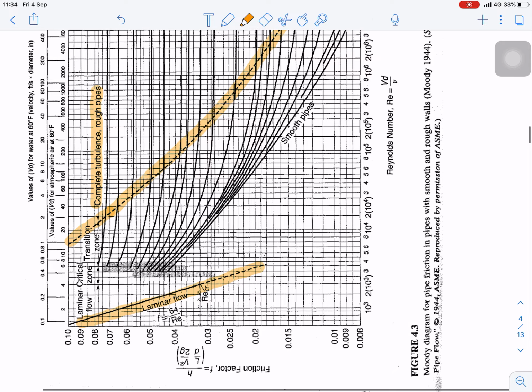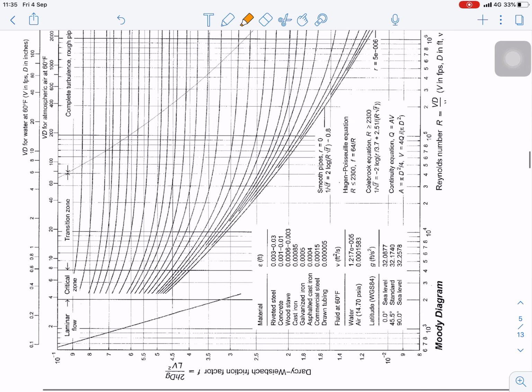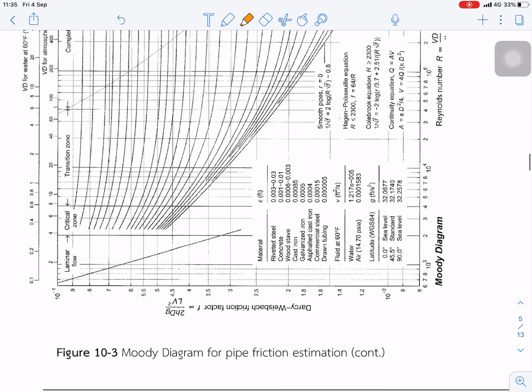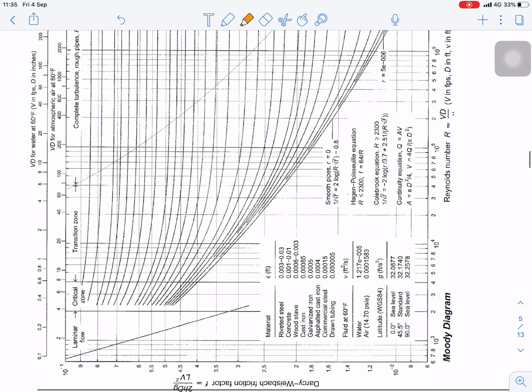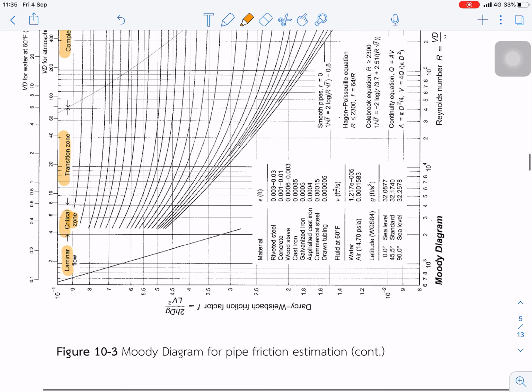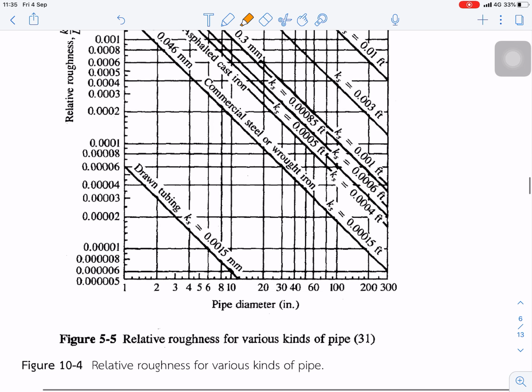Okay, and this is the same Moody diagram but with a different shape. Basically it also divides into three zones: laminar flow, transition zone, and complete turbulence zone. In between is what we call the critical zone. And this one is to estimate the relative roughness of the pipe.